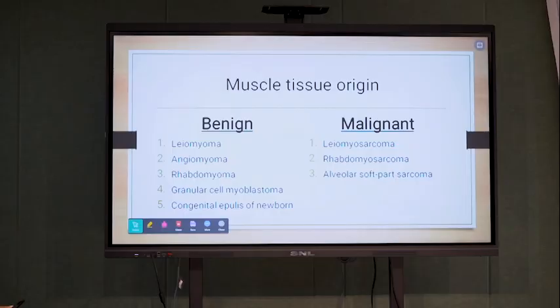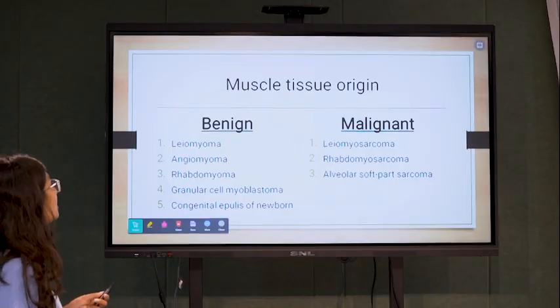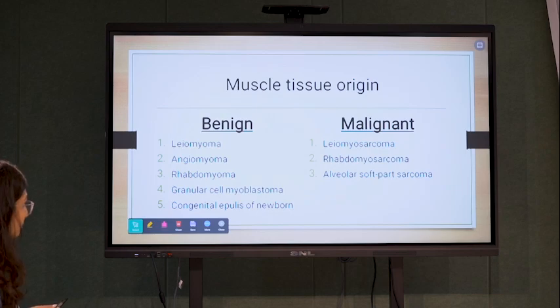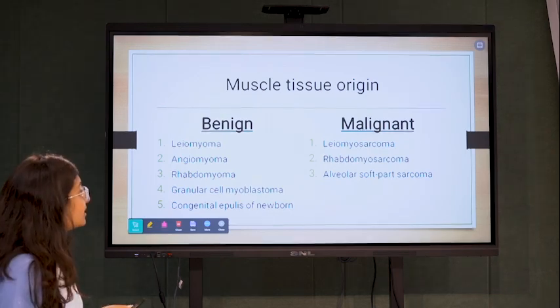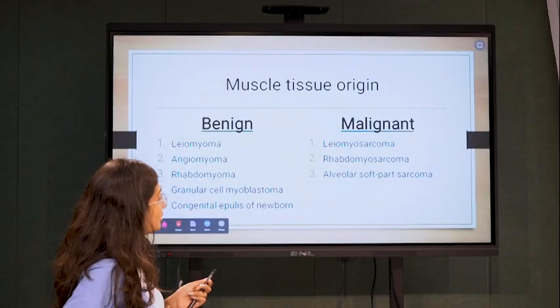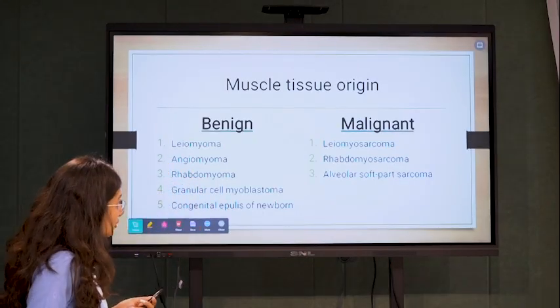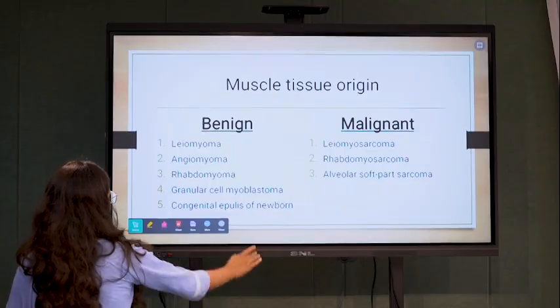Then the muscle origin, which includes the leiomyoma, angiomyoma, rhabdomyoma, granular cell myoblastoma. In malignant, it has alveolar soft part sarcoma, rhabdomyosarcoma and leiomyosarcoma.